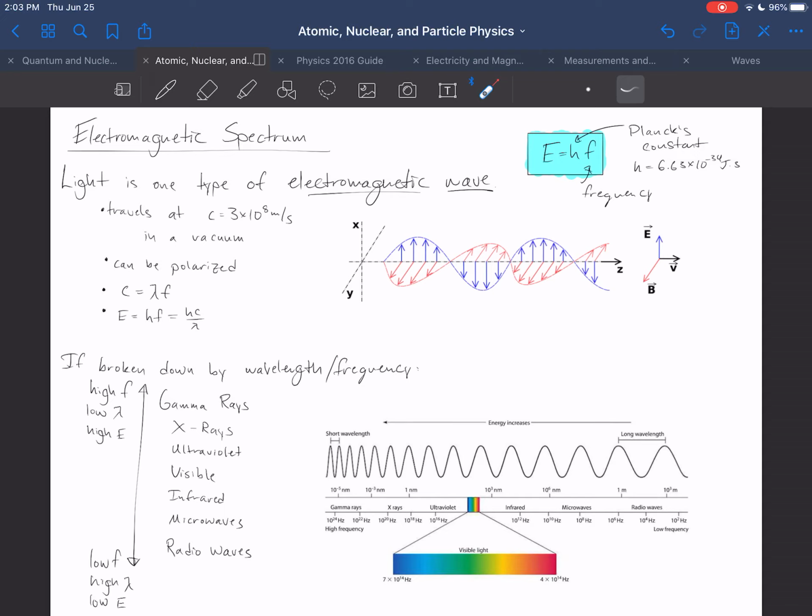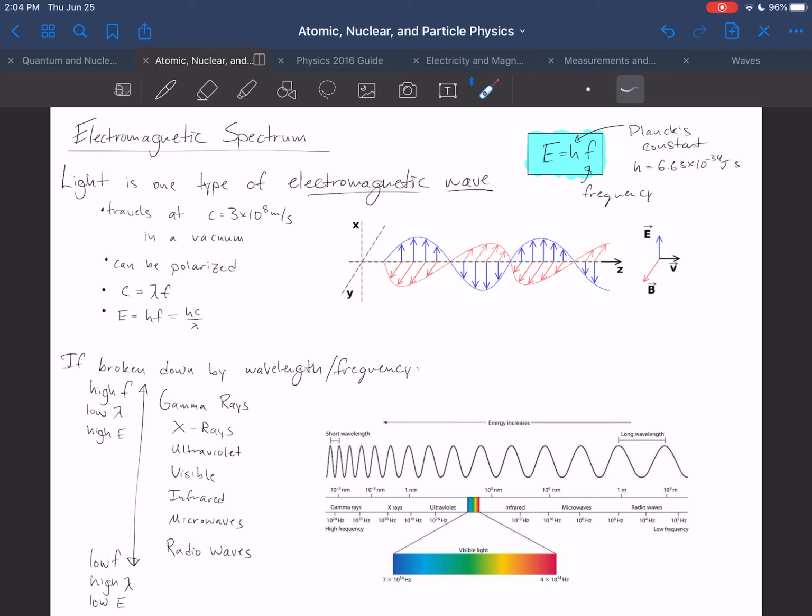I would strongly encourage you to get comfortable with calculating energy, frequency, and wavelength when given those values using these relationships here. So E equals hf plus c equals lambda f gives us that E equals hf is equal to hc divided by lambda.